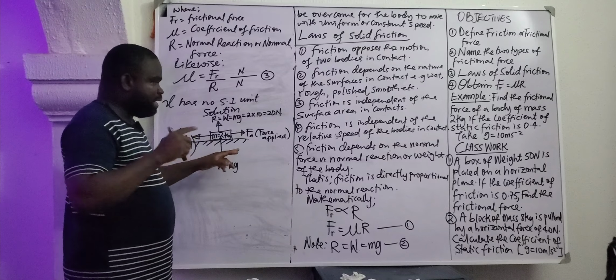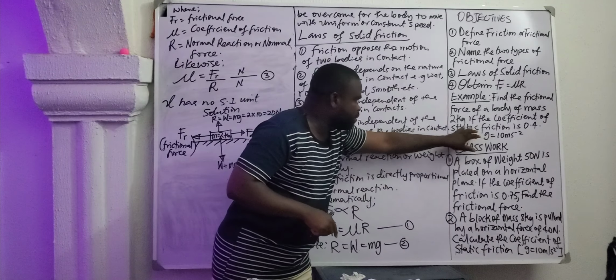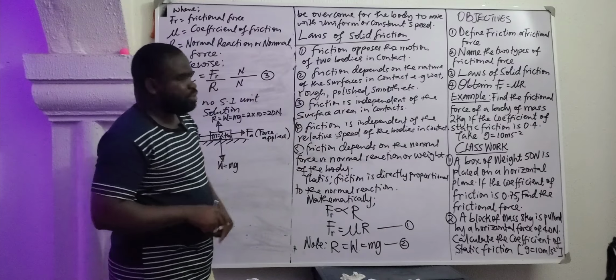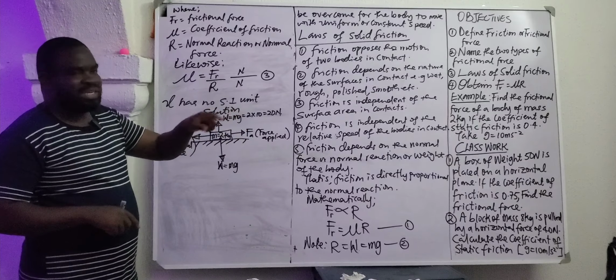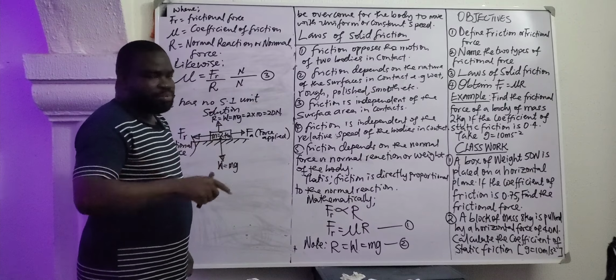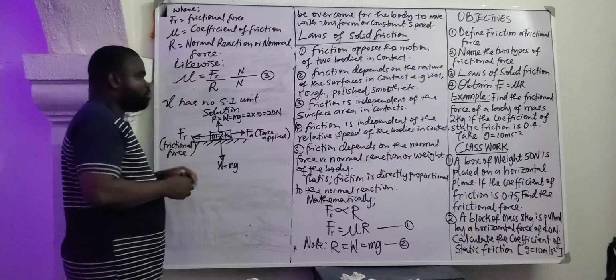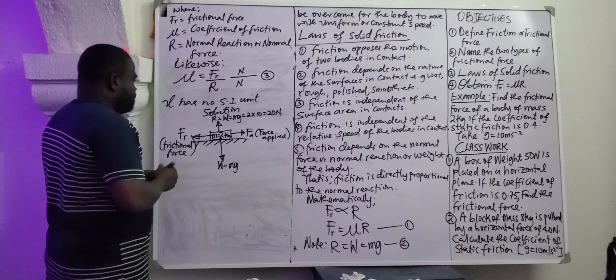I repeat, at the point of static friction, because that's what they say you look for, the coefficient of static, find the frictional force. We are given the coefficient of static friction. At the point of static or limiting friction, the force applied is equal to the frictional force. Good.